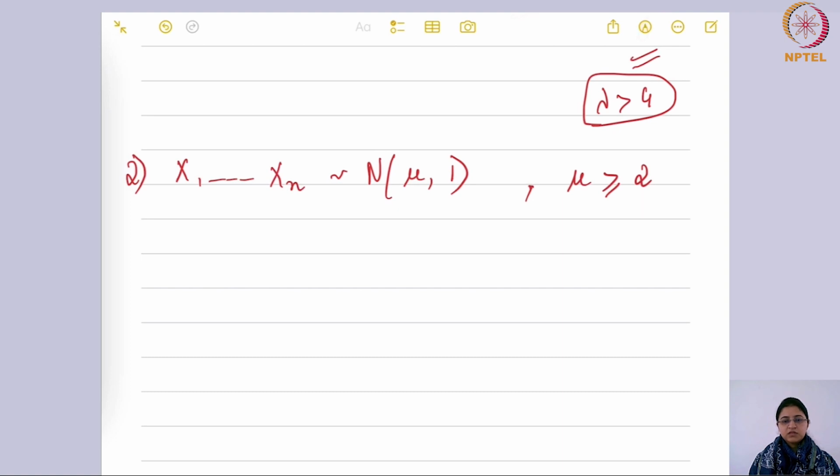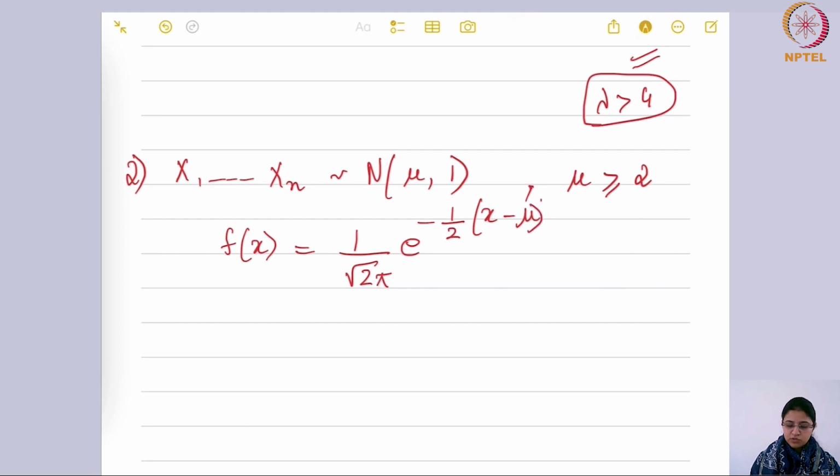You can consider that mu is greater than 2; you are not focusing on the entire support. As we have already seen, for the normal distribution with sigma 1, the PDF would be 1 over root 2 pi e to the power minus 1 by 2 (x minus mu) whole square, where x takes values from minus infinity to infinity.